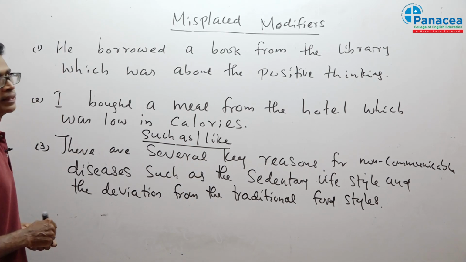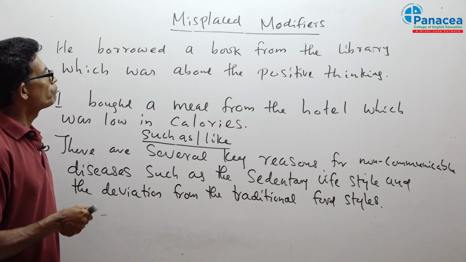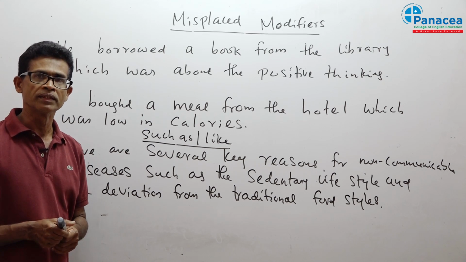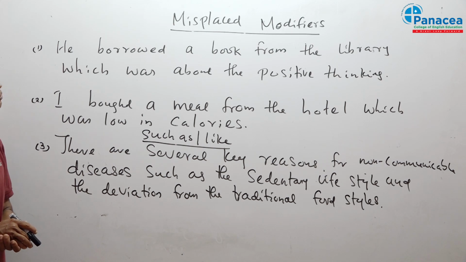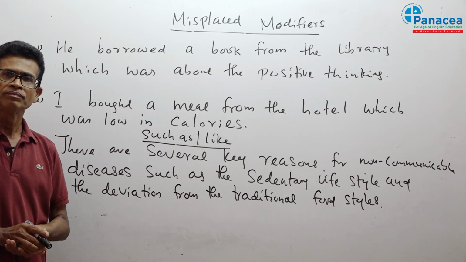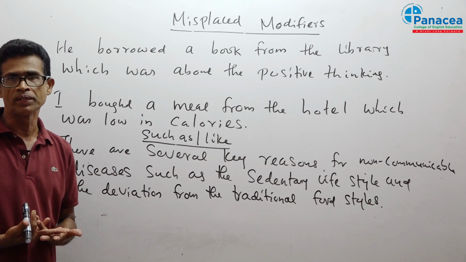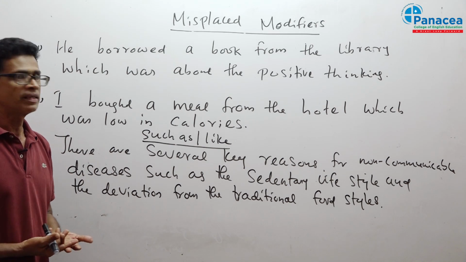So study the sentence. He borrowed a book from a library which was about the positive thinking. So when we read this statement, there is no error at all in appearance, but in reality there is an error.